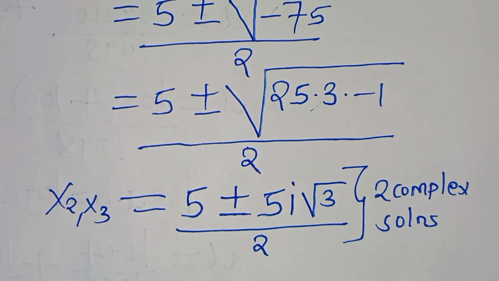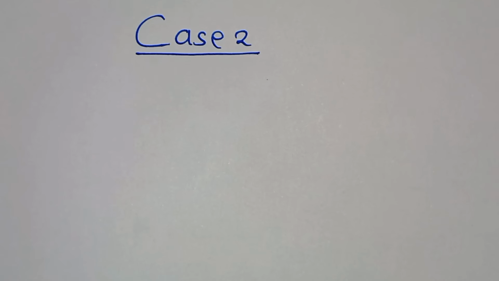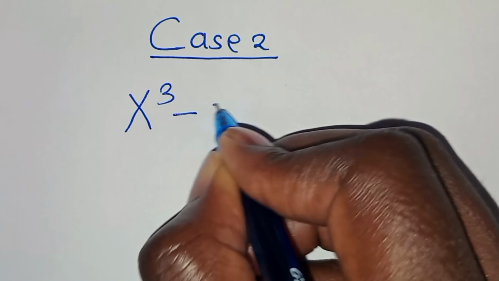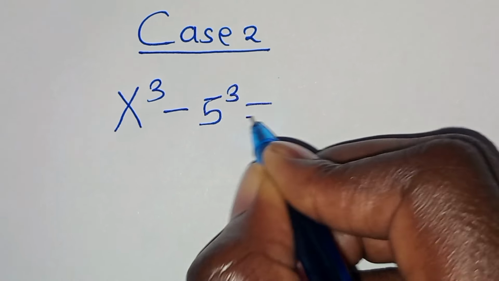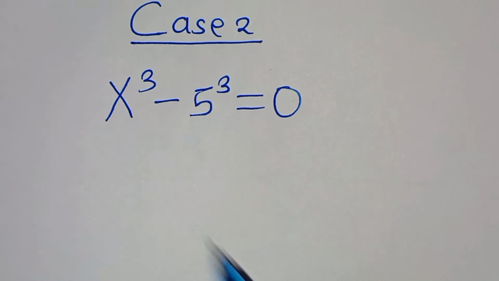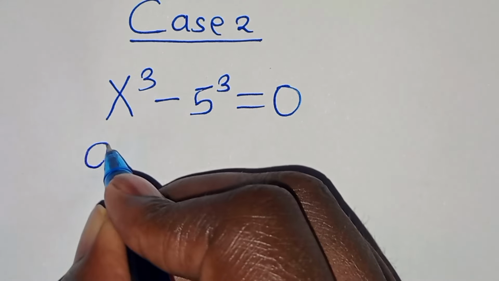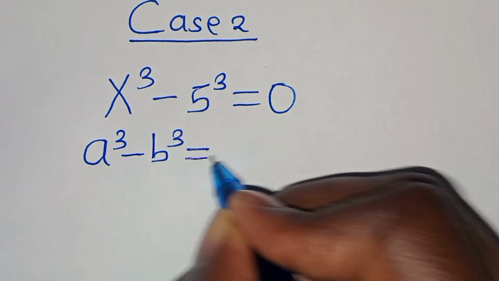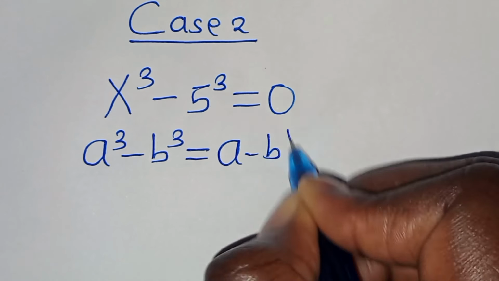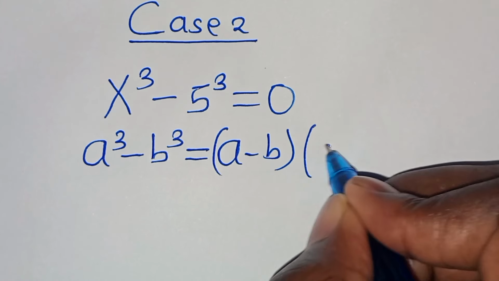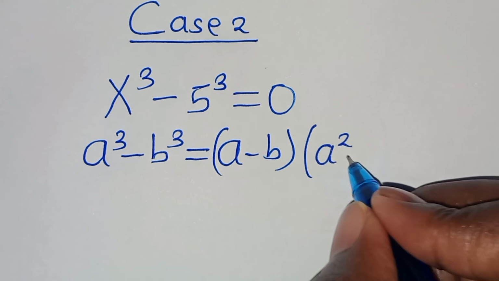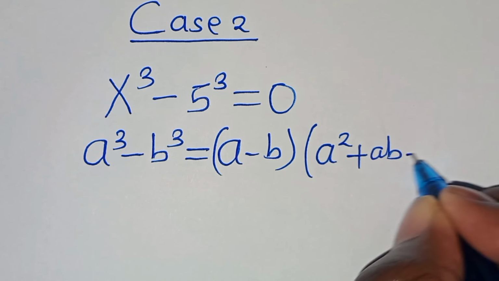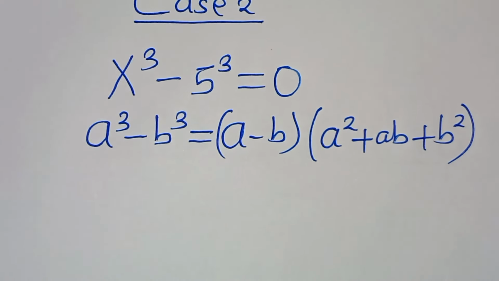So let's proceed to case 2 from here. In case 2, we have x to the power of 3 minus 5 to the power of 3 equal to 0. This is the difference of two cubes, expressed as a to the power of 3 minus b to the power of 3, which we can express as a minus b, into the parentheses a to the power of 2 plus a times b, then plus b to the power of 2.